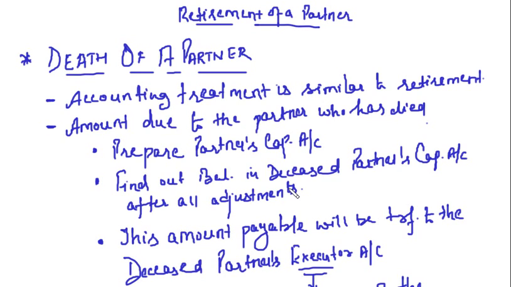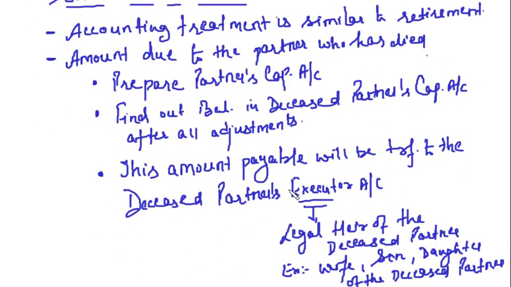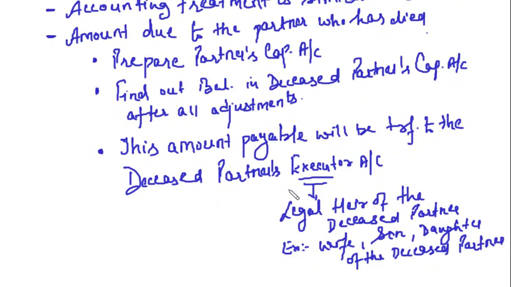You will prepare the partners' capital accounts and find out the balance in the deceased partner's capital account after all adjustments. This balance shows the amount payable to the deceased partner. But now the partner is no more. This amount will be transferred to the deceased partner's executor account.